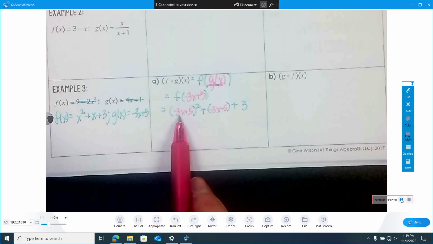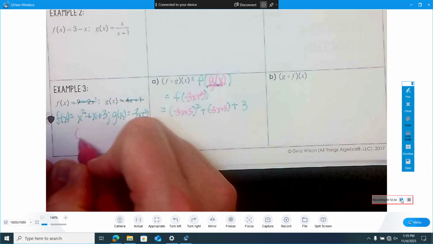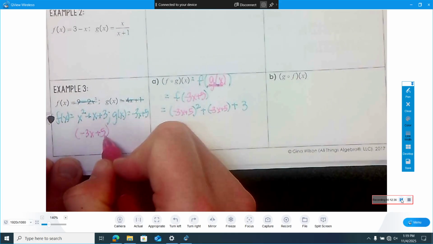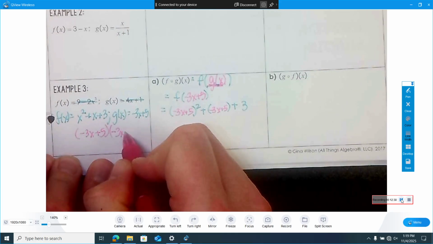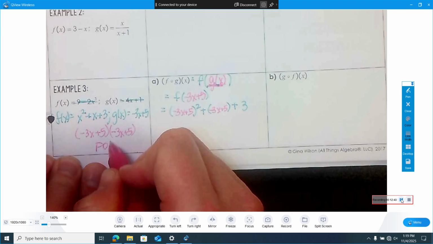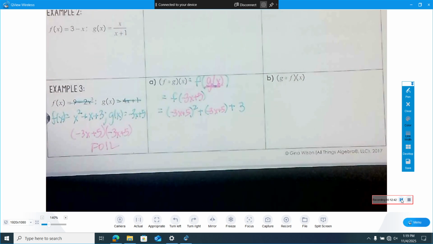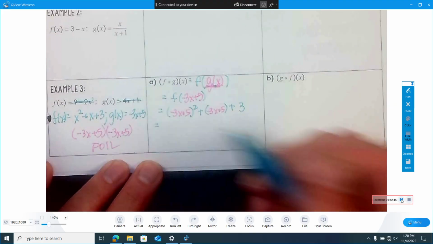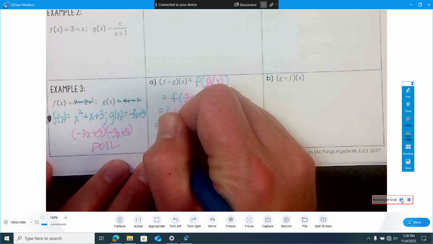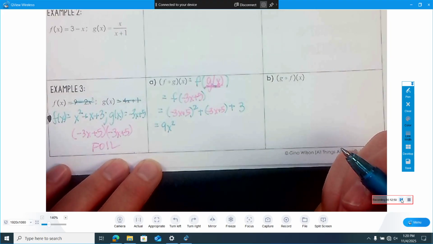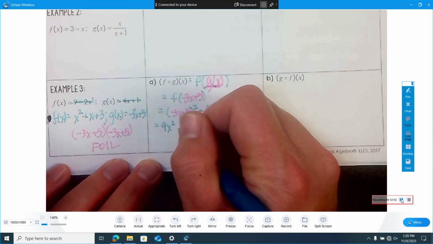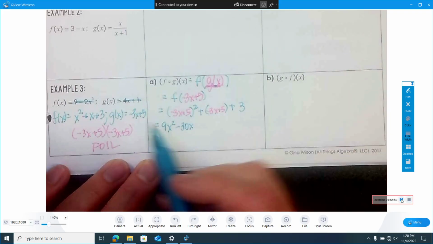All right, once again, we have negative 3x plus 5 that we have to square. So negative 3x plus 5, negative 3x plus 5. We've got to FOIL that together. What does that give me if I FOIL that in? 9x squared minus 30x. Very good.